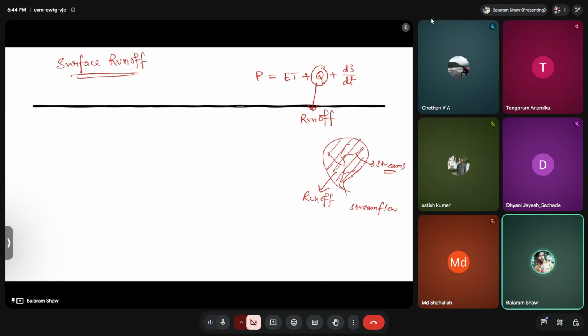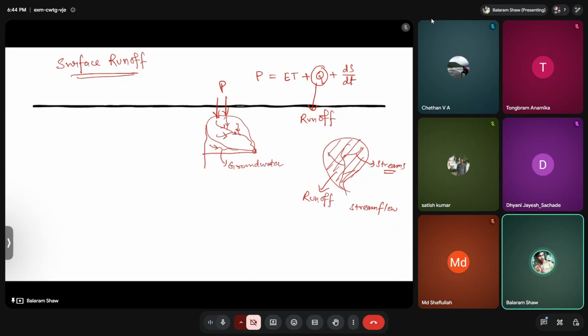Let's say this is the catchment and this is the ground surface. If precipitation is coming, the water flows in the streams, and not only in the streams, it will infiltrate and percolate, right? And later it will also flow as groundwater.